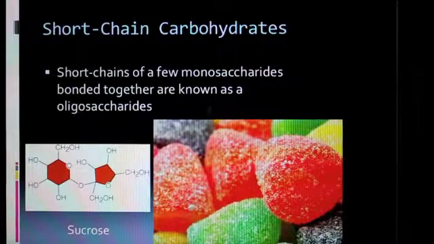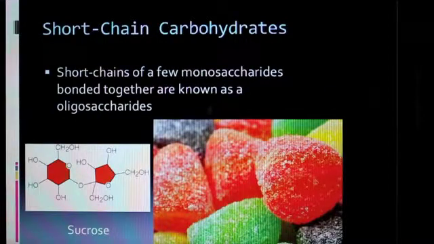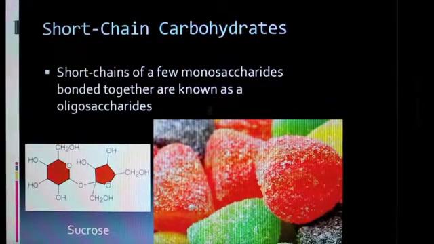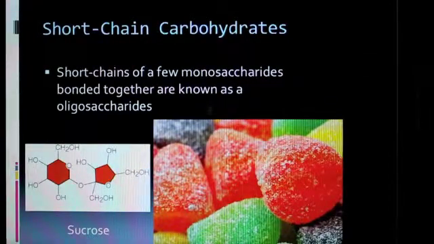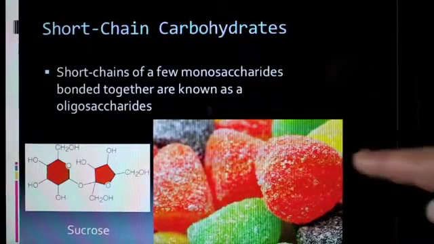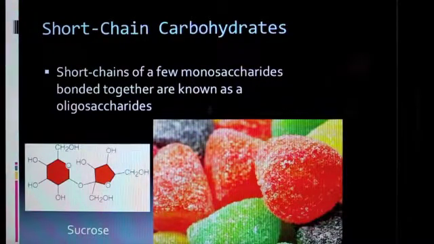Now, you don't have a lot of monomers out there. Most of the time you have polymers. These short chain carbohydrates, which are a few monosaccharides bonded together, are known as oligosaccharides. For example, the sucrose in table sugar is two molecules bound together.